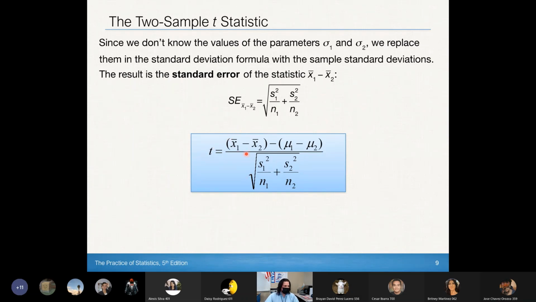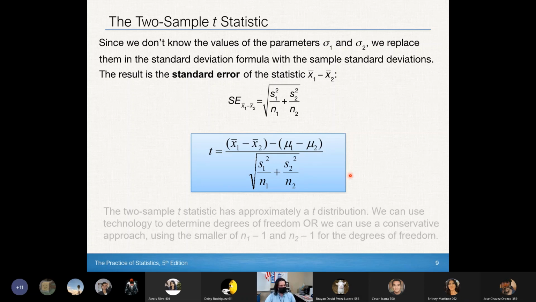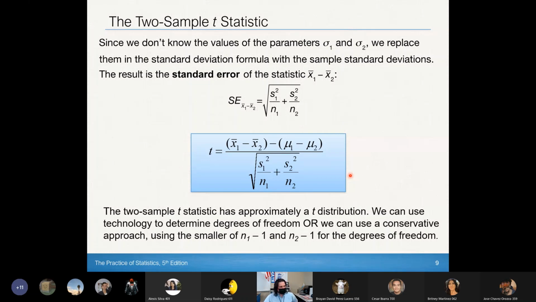We have the difference of the sample means minus the difference of the population means divided by the standard error of the sample statistics. And that gives us our t-statistic, which we will then use with table B based on the degrees of freedom. Right, the two sample t-statistic has approximately a t-distribution, table B.